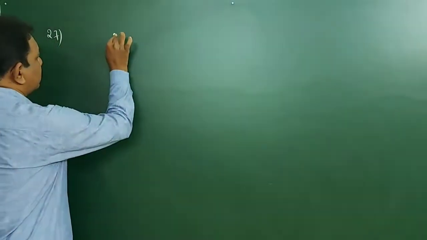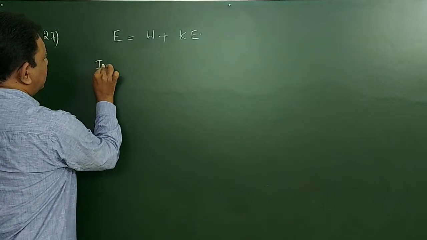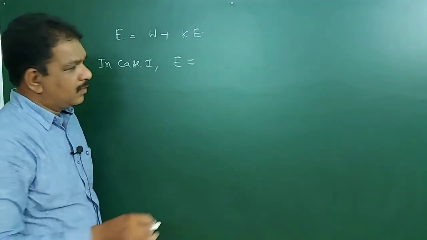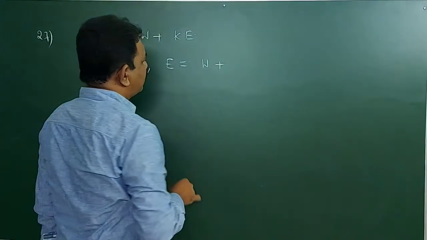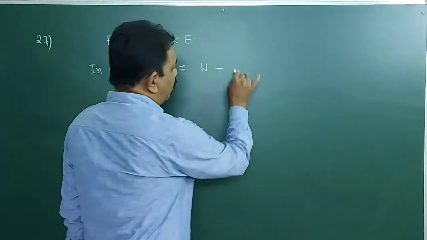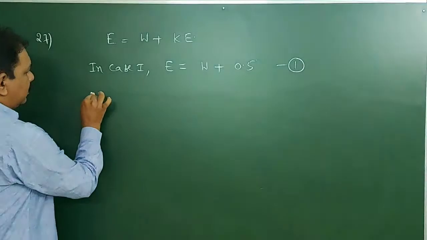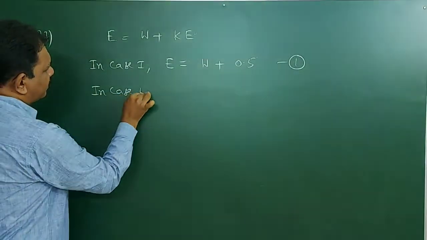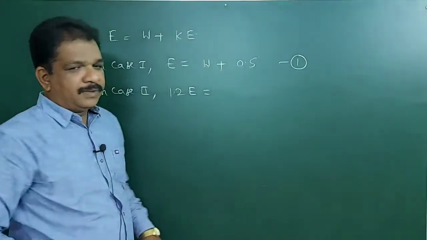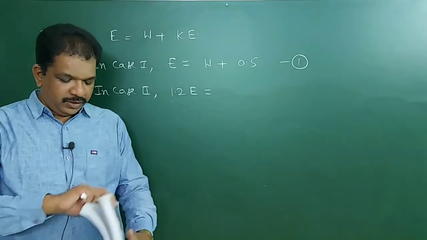So E is equal to W plus K. In case 1, let the energy be E, the work function is W, and the kinetic energy of the electron is 0.5 electron volt. In case 2, the incident energy is increased by 20%, which means E becomes 1.2 E.